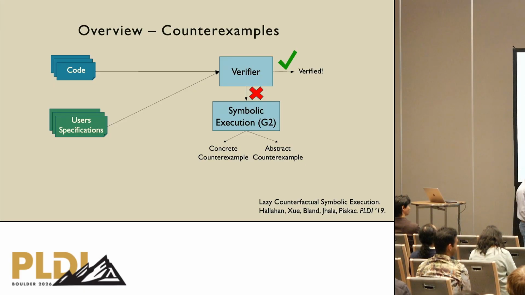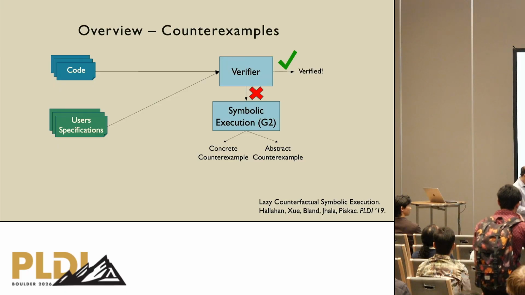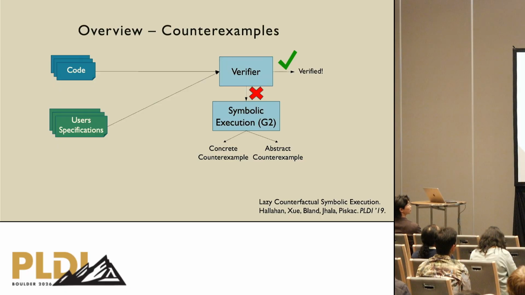In some earlier work before this paper, also with Ranjit and Ruzica and also Anton Su and Maxwell Bland, we came up with this scheme to help people diagnose these errors that you get from a modular verifier. The idea was these error messages you get from the verifier are hard to understand, so let's give counterexamples instead.